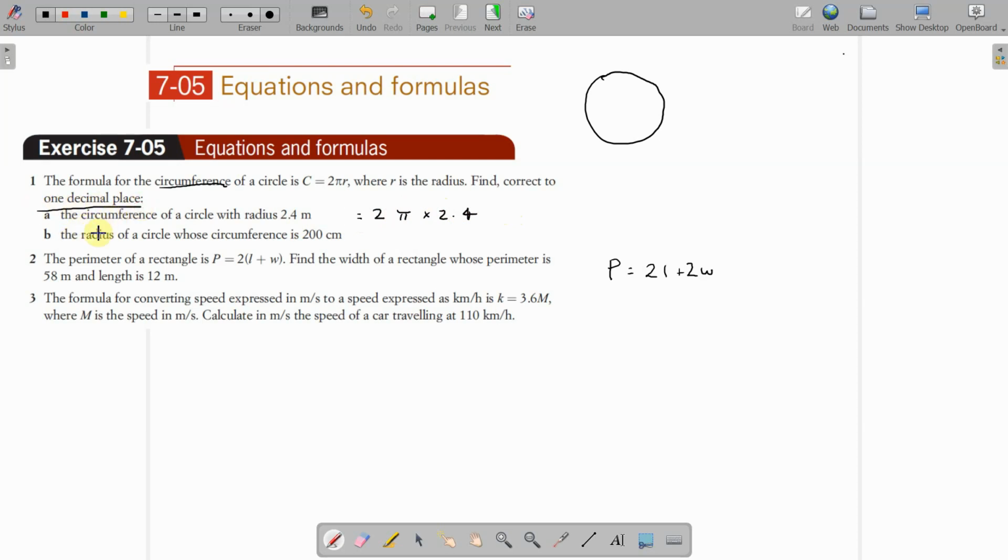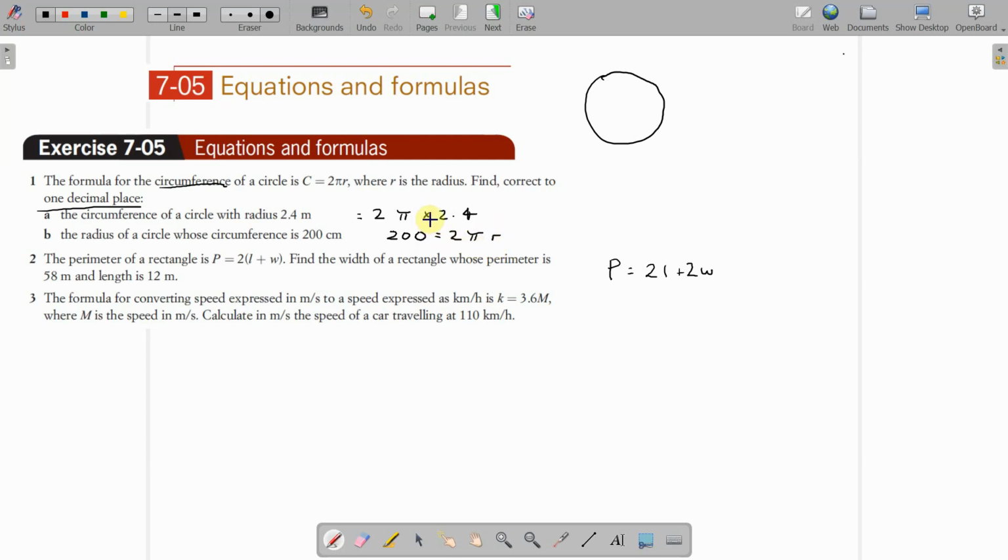So on to part B, find the radius this time. In the first one, we had to find the circumference knowing the radius. This time we have to find the radius knowing the circumference. Now that means a bit of rearranging. So if we knew the circumference, C, I'll put 200. 200 equals 2 pi r, and the r is what we don't know.